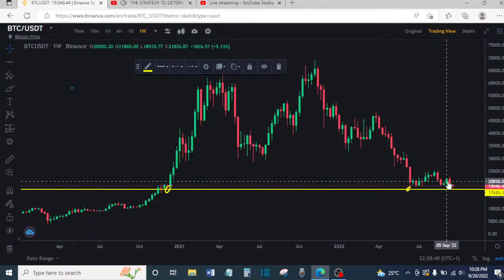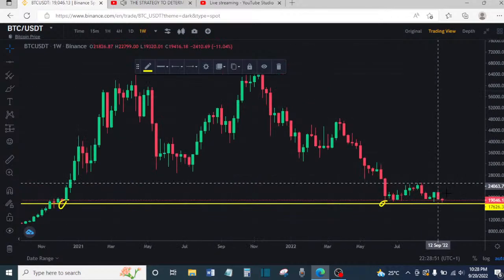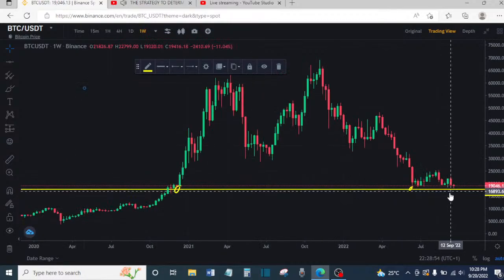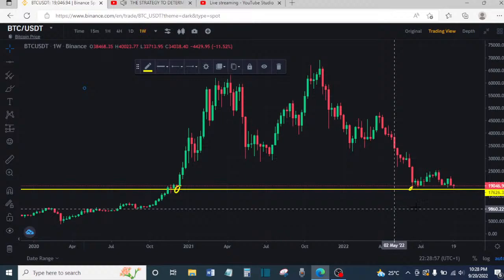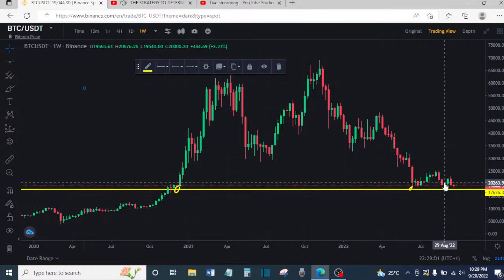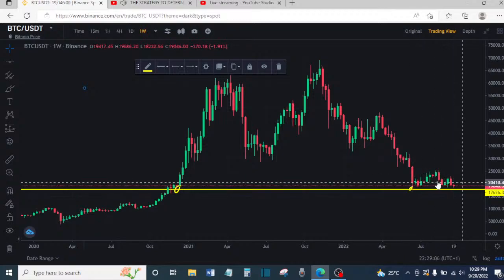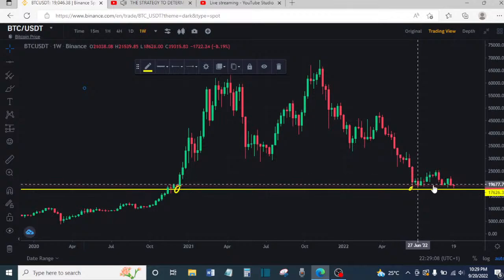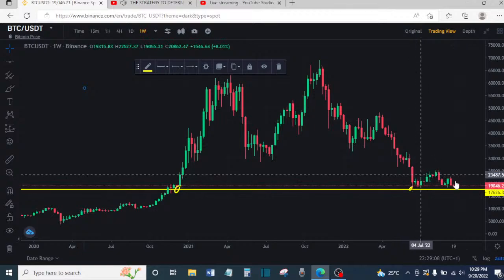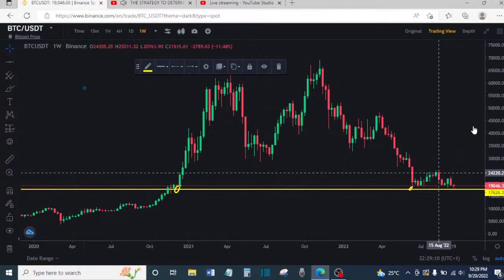Then this, we could have said that this is a bullish engulfing candle, but it really isn't, because this is not a bearish candle. So you can see that there are no proper candles giving us the signal to go long here.